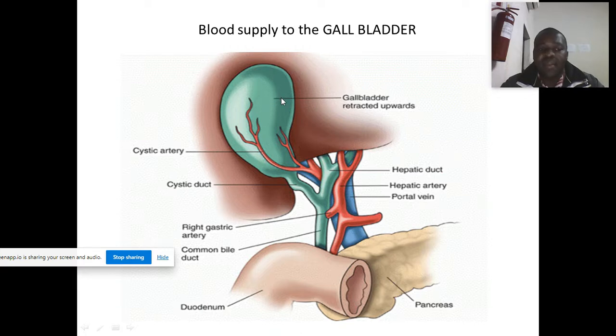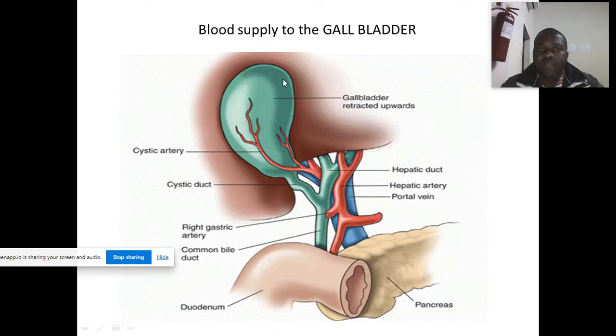So there are some cystic veins from the neck of the gallbladder draining directly into the portal vein. And the portal vein is communicating with the liver. That's why if there's a cancer, let's call them malignancies of the gallbladder, because of this blood communication, it can easily spread to the liver.